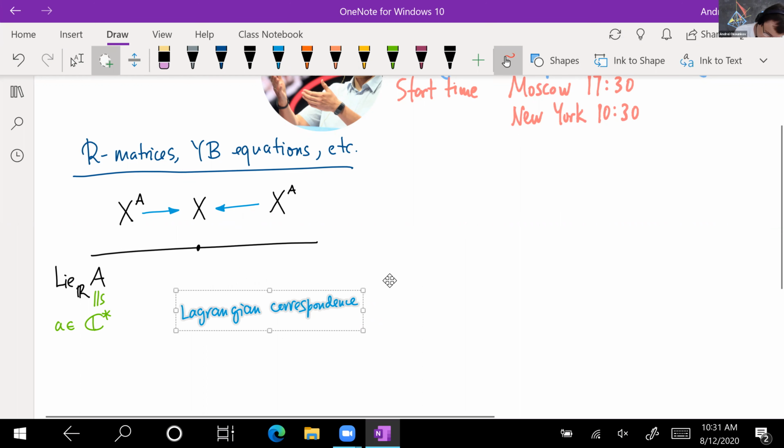So maybe I'll write it this way. This is equivalent to the class of that, in A-equivariant K-theory.